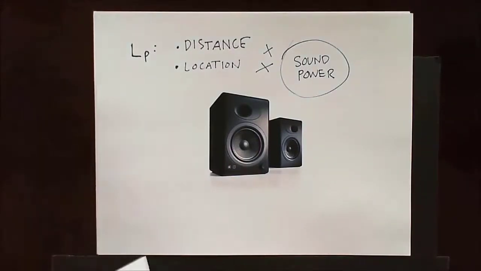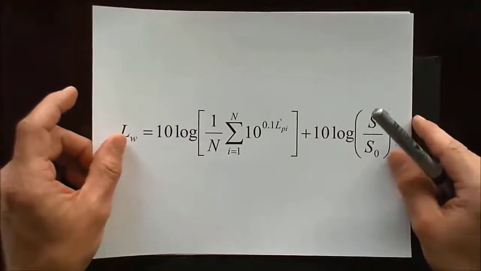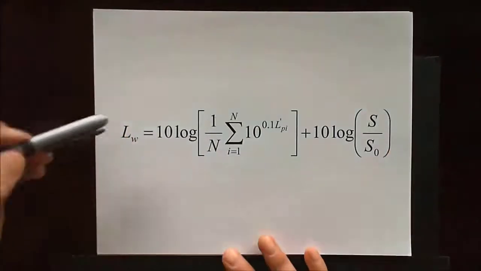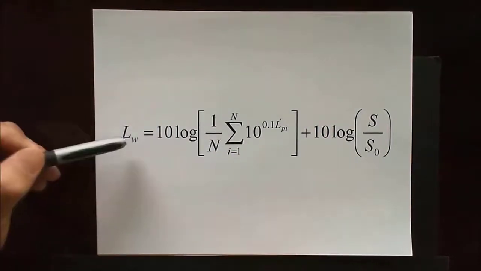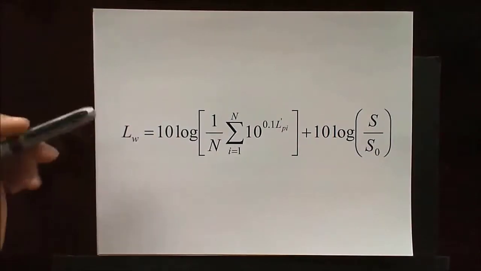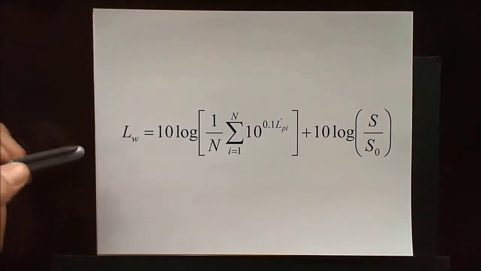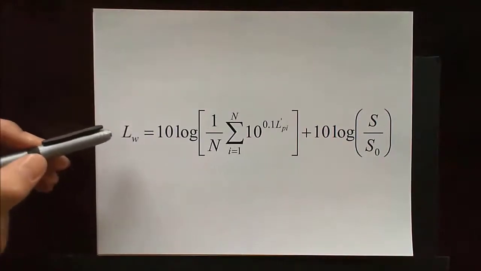Well, let's start by looking at the equation for sound power, and this is sort of a simplified form. But again, I'm going to use this L for level, and in this case the subscript W means power in watts. We measure electrical power in watts. We do the same thing for sound power. It's measured in watts. So this tells me L sub W is sound power.